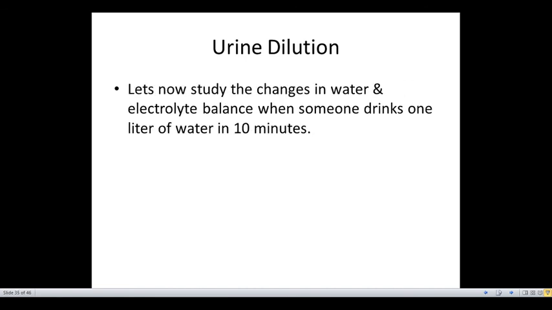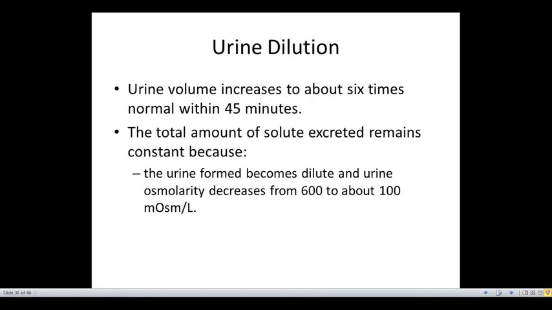To understand this further, let's now study the changes in water and electrolyte balance when someone drinks 1 liter of water in 10 minutes. What happens is that the urine volume increases to about 6 times normal within 45 minutes.